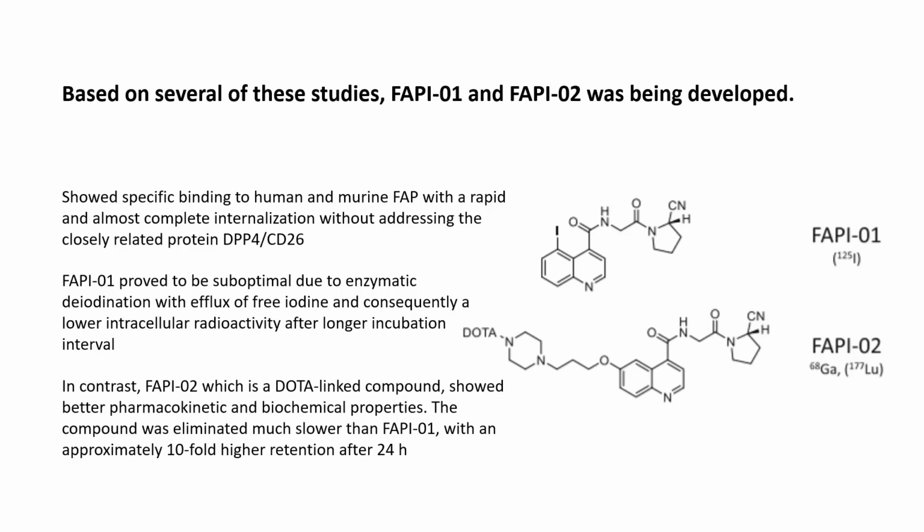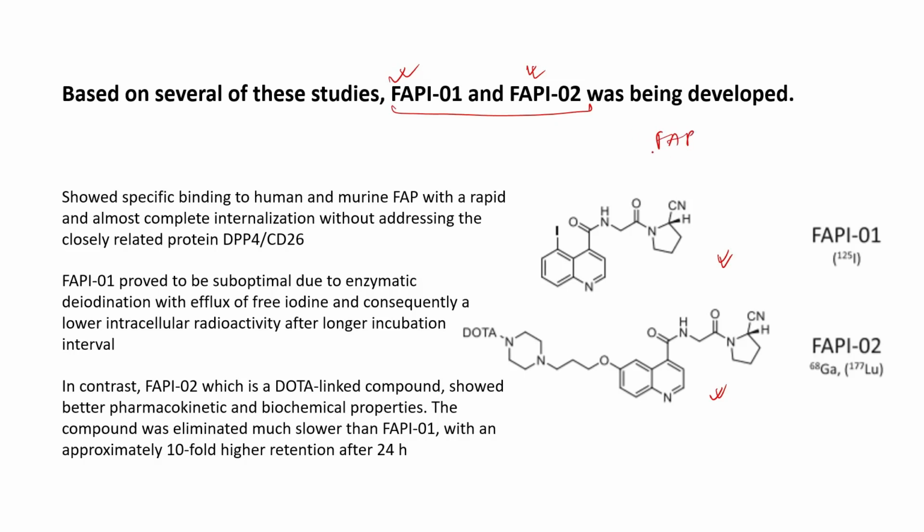Based on their study and several other studies like these, FAPI1 and FAPI2 were developed, and that's the structure of FAPI1 and that's the structure of FAPI2. These FAPI molecules showed great specificity to the FAP enzyme.